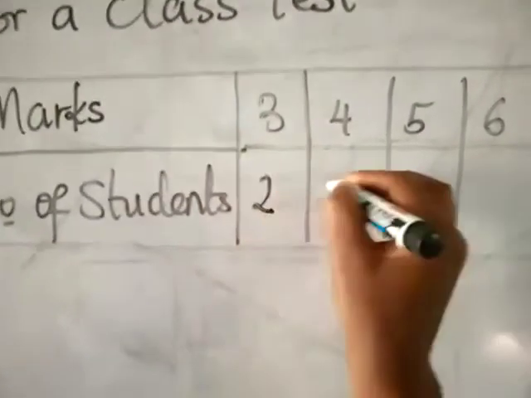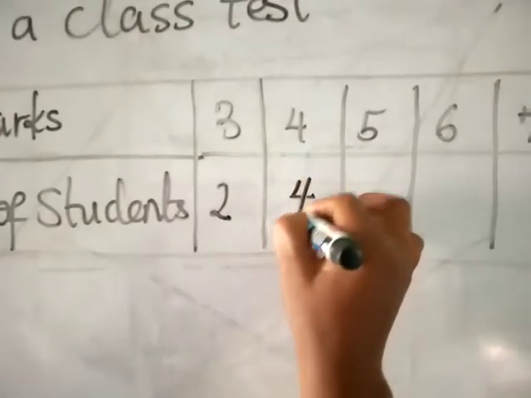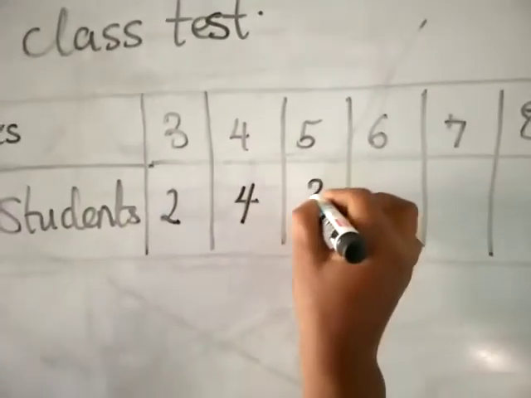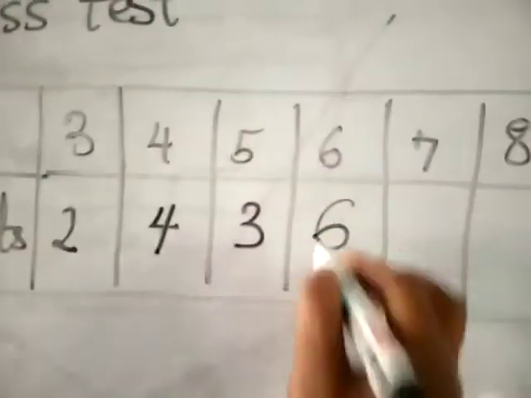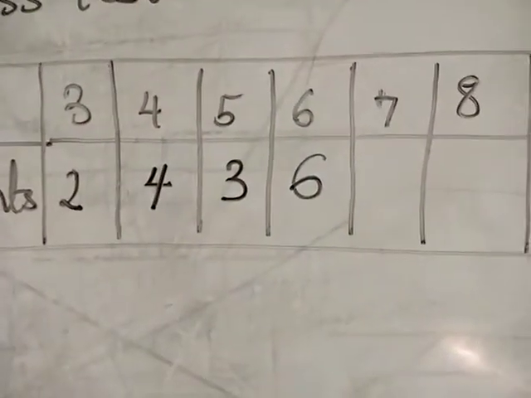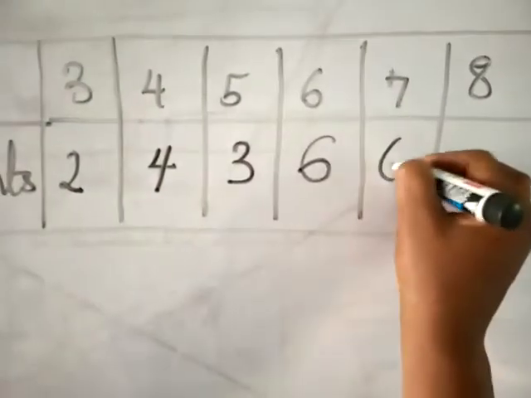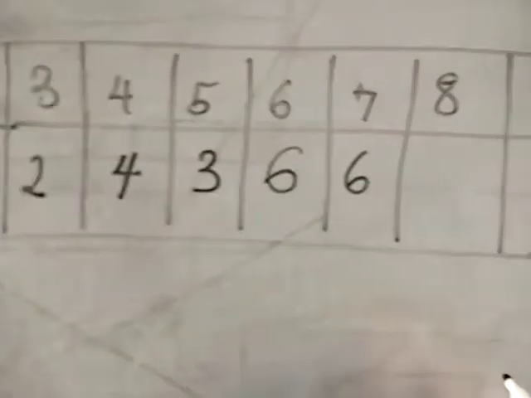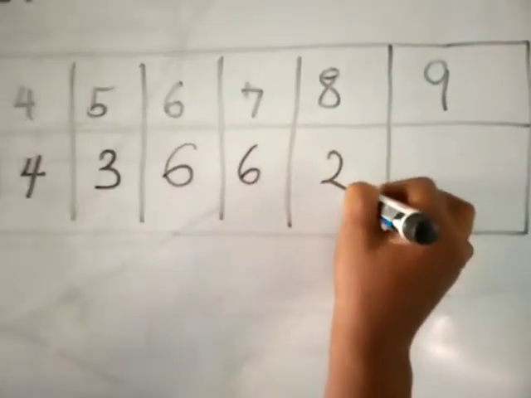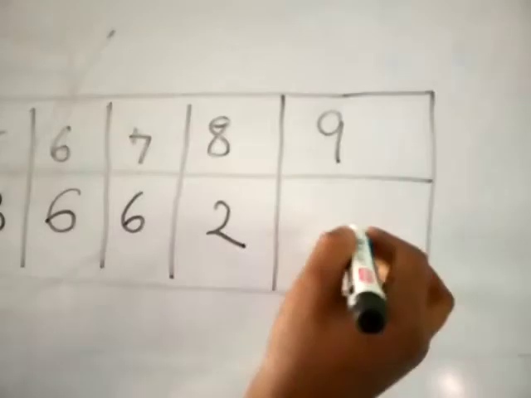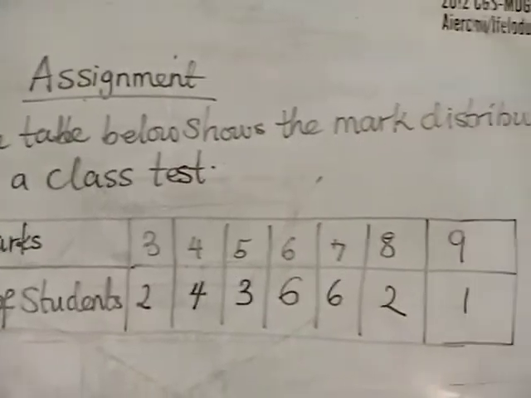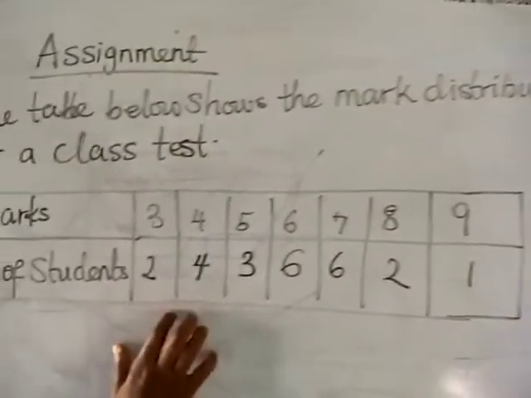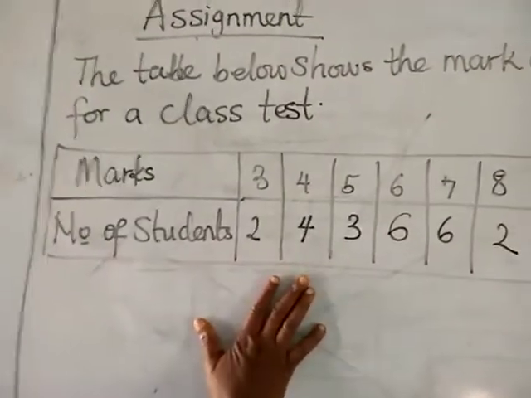Number of students that scored 4 is 4. Number that scored 5 is 3. Number that scored 6 is 6. Number that scored 7 is 6. Number that scored 8 is 2. And number that scored 9 is 1. What do they want us to do? We are told to draw a bar chart using this information.